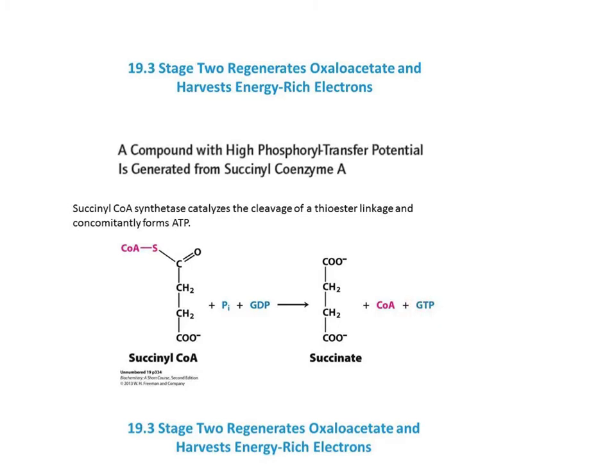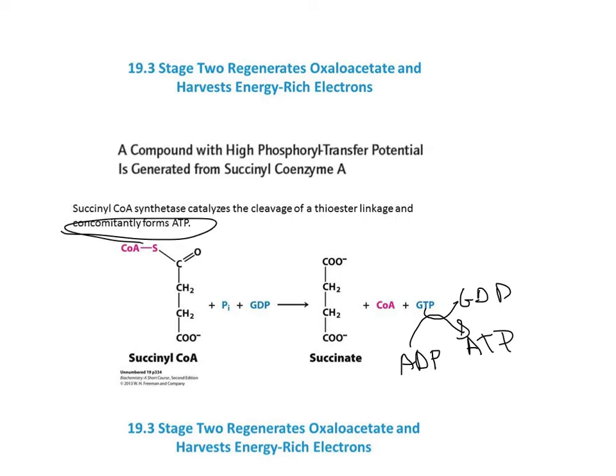And GTP can then be used. So GTP to GDP can be used to transfer the phosphate from GTP to ADP to form ATP. That's what this is saying here.